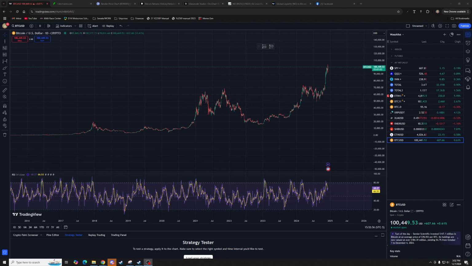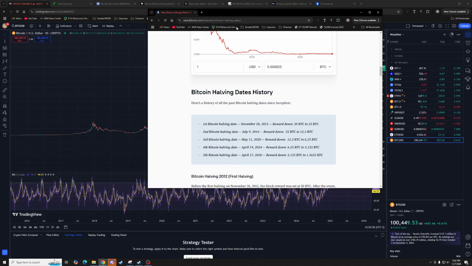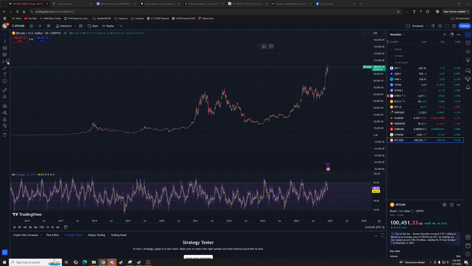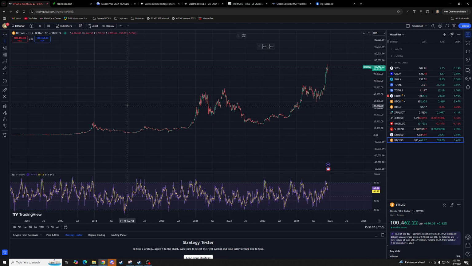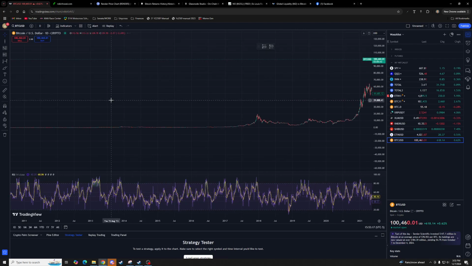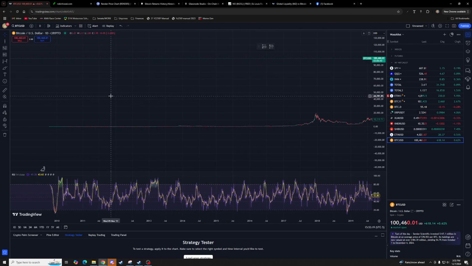So the first thing you're going to want to do is chart the halving dates, which I pulled up here, which you can just Google and find. So we're going to take a vertical line and we're going to find these dates. The first one is November 8th, 2012, which is way back here.